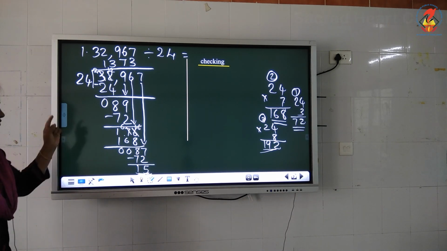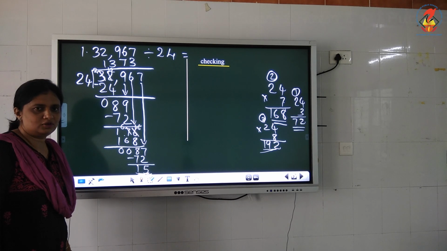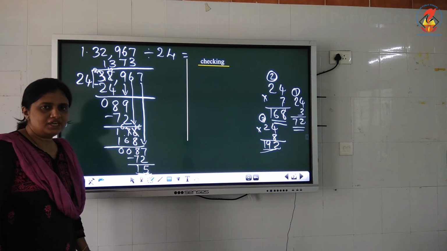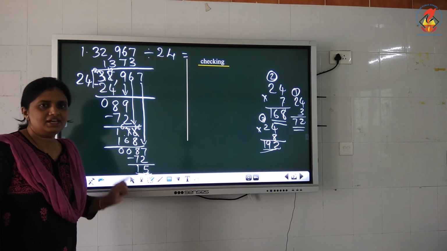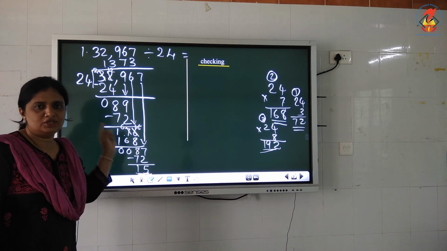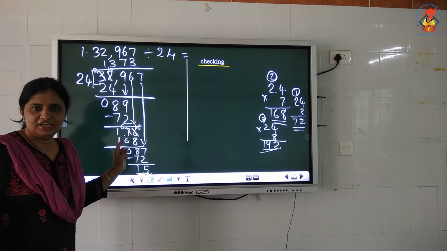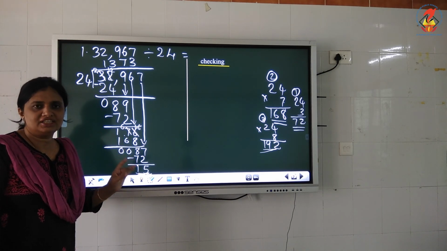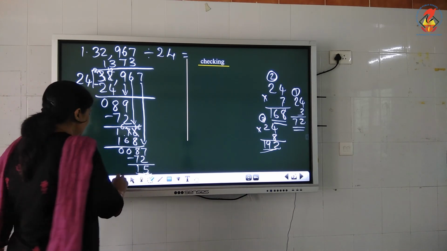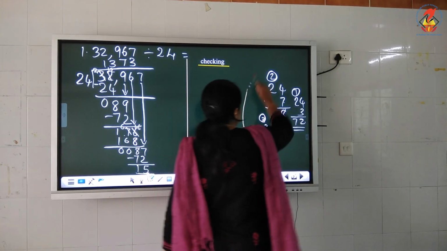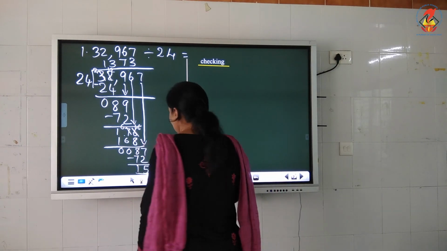And the remainder is 15. I need to check whether my answer is correct or wrong in the division, right? How can I check? Quotient into divisor plus remainder, you need to get the dividend. If you are getting it like that, your answer is correct in division. Otherwise, your answer is wrong. Okay, then I can check. First, I need to write the formula.